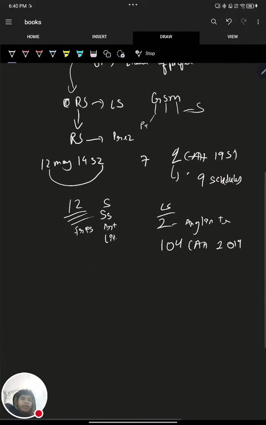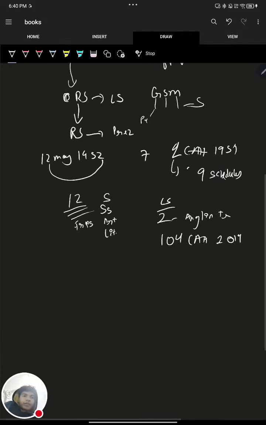You should know the basic constitution amendments. If I had to say, the 100th Constitution Amendment Act is on Bangladesh, the part that he captured.